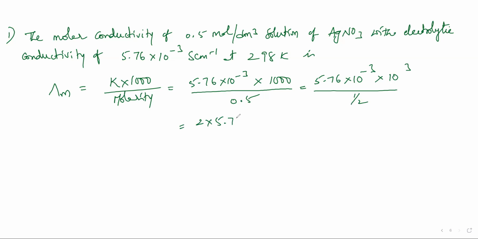That means 2 into 5.76 into 10 power minus 3 plus 3, which is 10 power 0, and anything power 0 is 1. So 1 into 5.76 into 2 gives you 11.52. So this is the molar conductance of that solution.